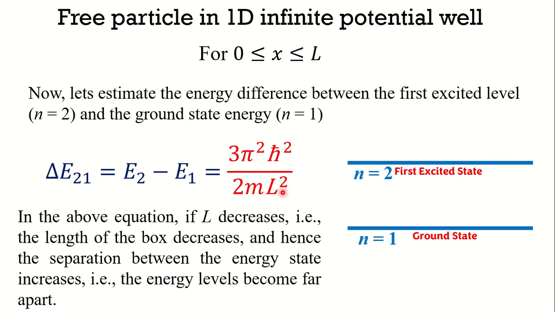L decreasing means the length of the box decreases and the particle gets more confined. So if the particle gets more confined, delta E21, the separation between the energy levels, increases. That means the energy gap between these two levels increases and the energy levels become far apart.